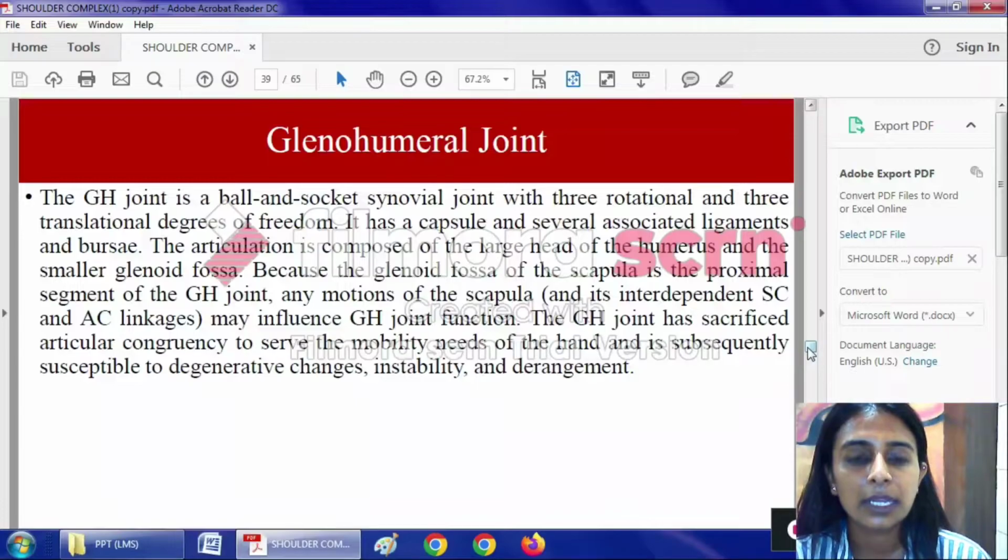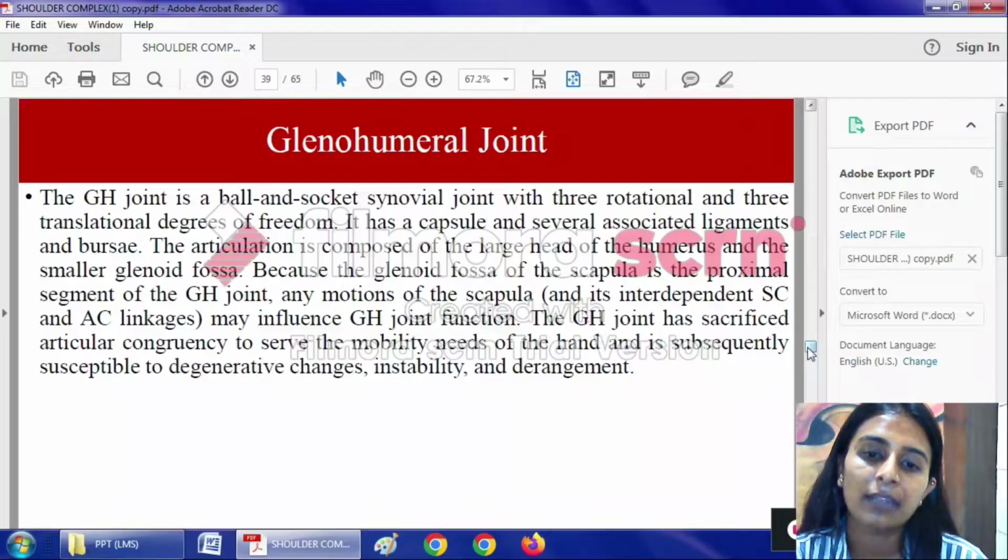Because the glenoid fossa of the scapula is the proximal segment of the GH joint, any motion of the scapula may influence GH joint function. The GH joint has sacrificed articular congruency to serve the mobility needs of the hand and is subsequently susceptible to degenerative changes, instability and derangements.